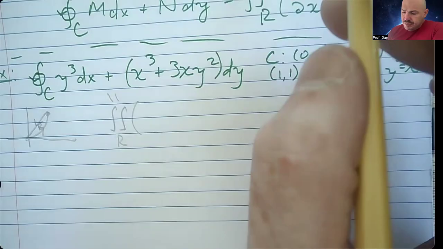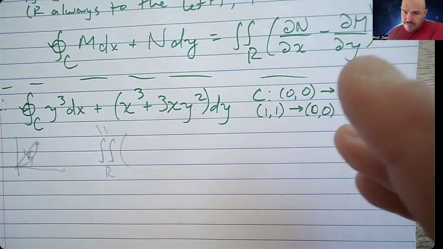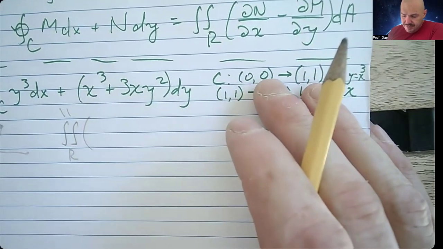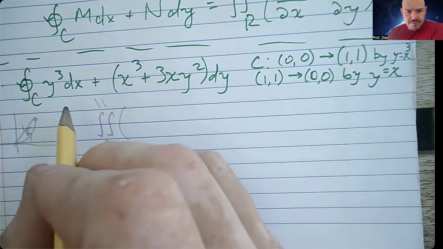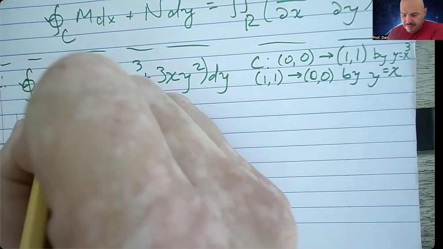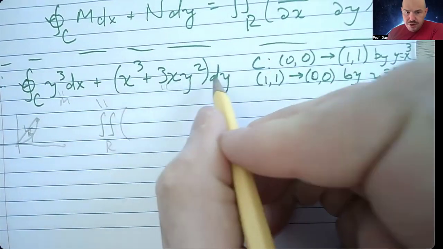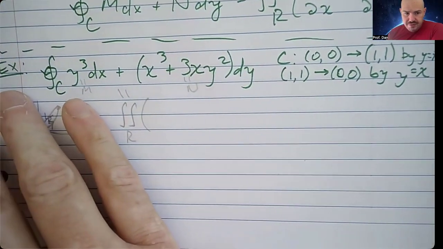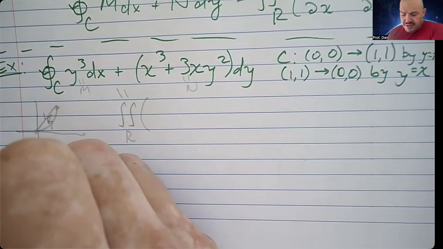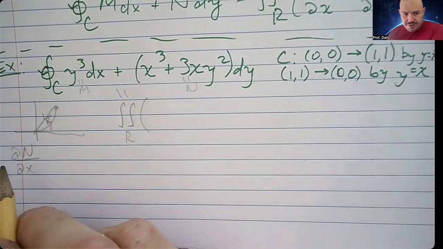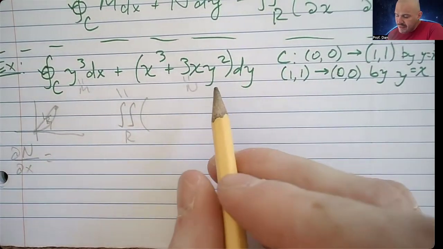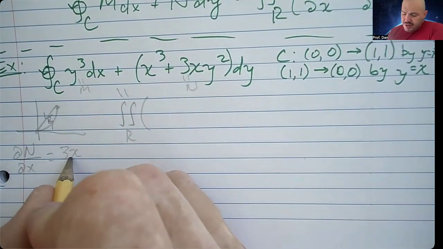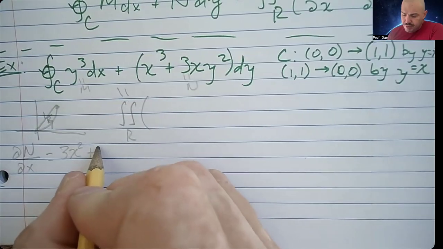In the theorem we stated, we used M and N. To identify those, just look at the differential. dx is going to give me my M. The dy part is going to give me my N. If I take my partial derivatives, the partial of N with respect to x, we get 3x squared plus 3y squared.